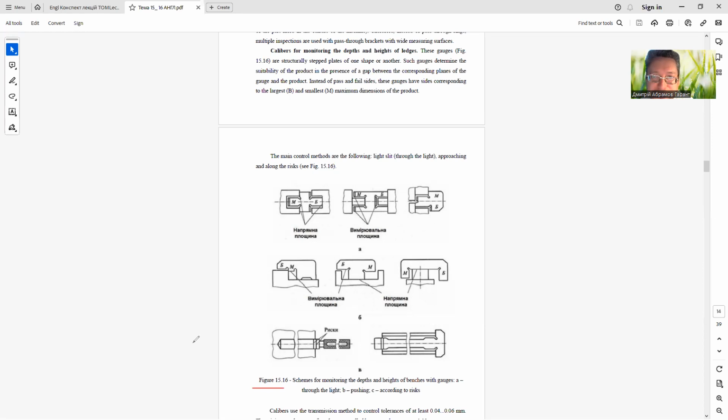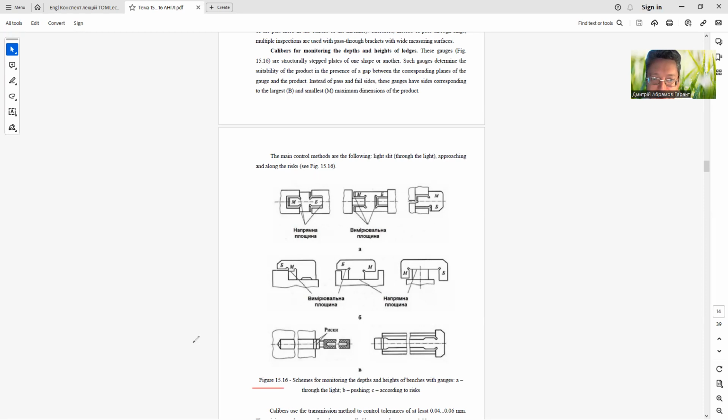Such gauges determine the suitability of the product in the presence of a clearance between the corresponding planes of the gauge and the product. Instead of go and no-go sides, these gauges have sides corresponding to the largest and smallest maximum dimensions of the product.